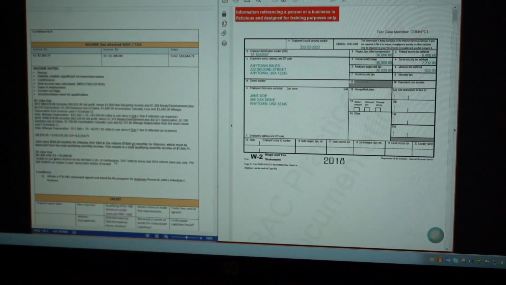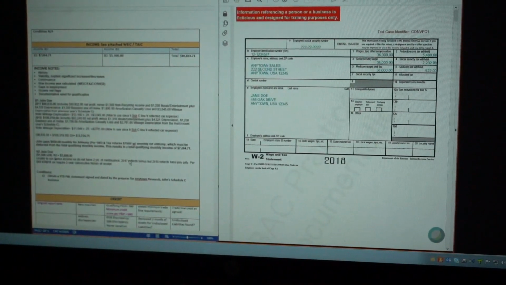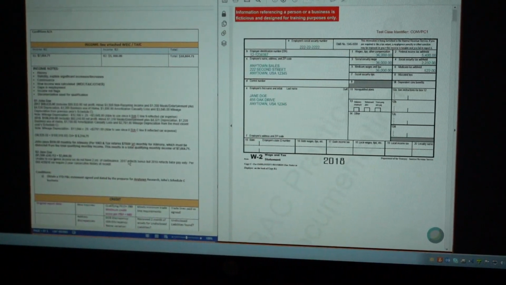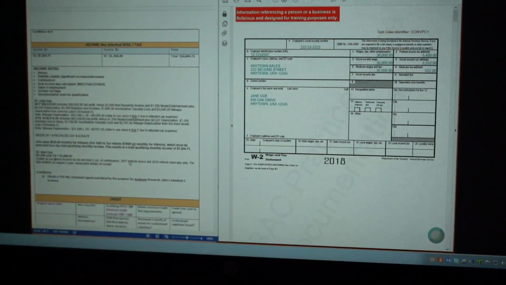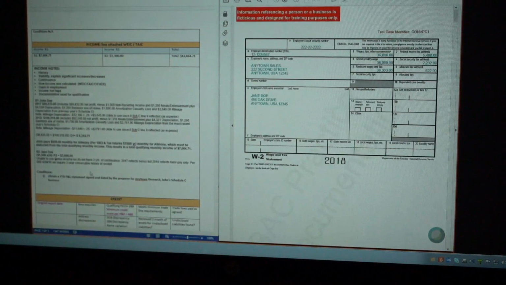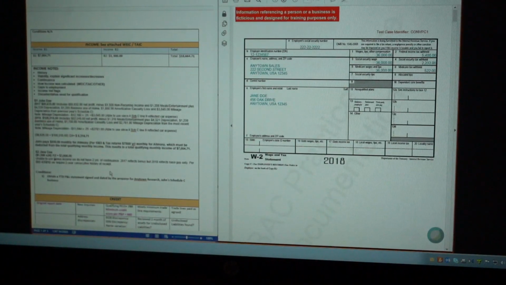We don't have 2 years of continuance. 2017 does reflect bonuses because it's $47,000 and the base pay is 36. If you take from the 47 the base pay of 36, that gives you about $11,000 in bonus. 2018, we don't have any. So we don't have a 2-year history, so we cannot use it. Alright, so pretty straightforward there. Any questions on that?